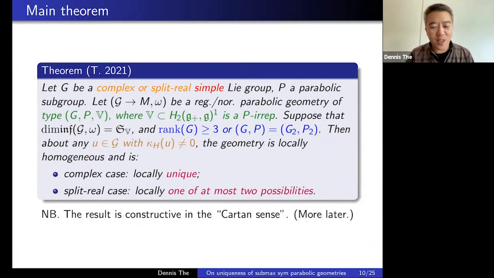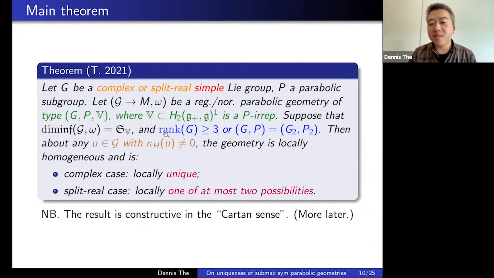We're going to have all that nice stuff from representation theory, weights and roots and everything. So that's a really nice setting to be working in. Let P be a parabolic subgroup. Let's take a regular normal parabolic geometry of type GPV, working upstairs, where we're selecting a particular submodule to focus on. Now let's look at something submaximally symmetric, something with symmetry dimension S_V.